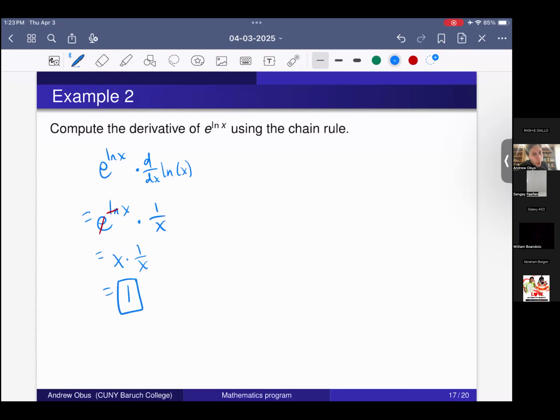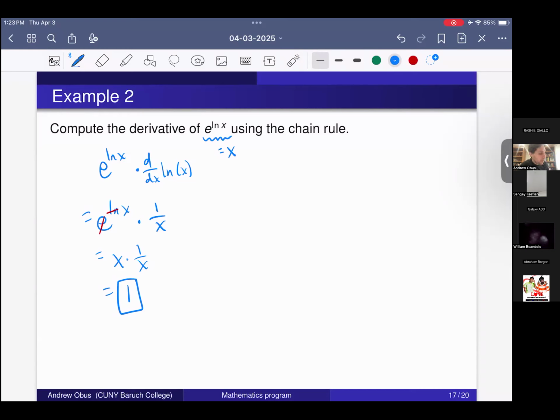And the 1 makes sense because remember, e to the ln x from the beginning equals x. So the derivative of e to the ln x using a complicated chain rule procedure should be the same thing as just taking the derivative of x using the standard power rule.